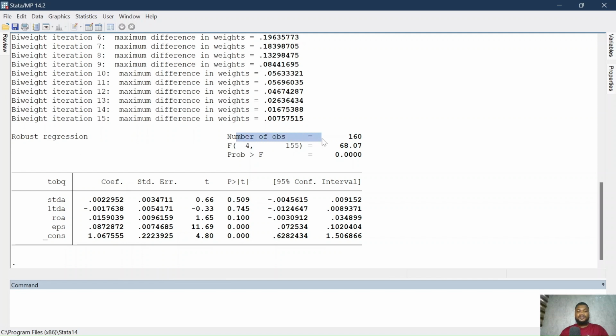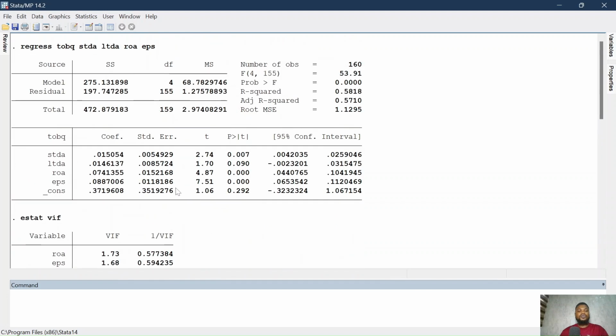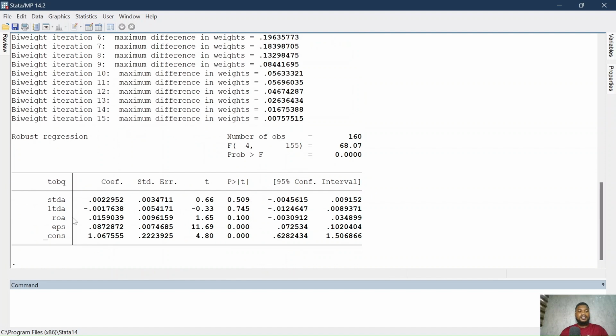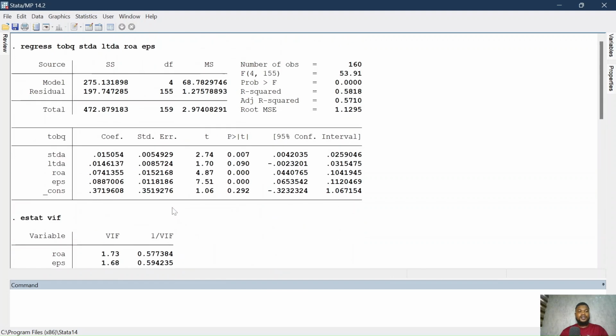Number of observations remains 160. Probability of my F statistics is also significant, so the model is fit. Coming to the coefficient part, I find out that it is only earnings per share that comes out significant compared to the OLS model. I also see that long-term debt is now negative but not significant compared to the OLS regression.